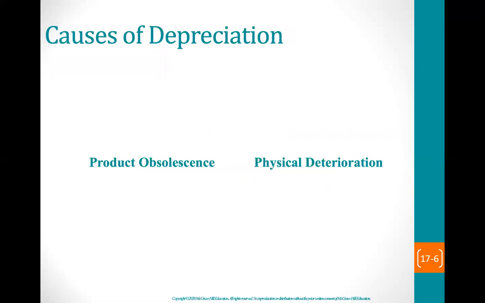So what causes depreciation? As assets, all machines have an estimated time of usefulness simply because companies use the assets and the assets gradually wear out. The cause of this type of depreciation is physical deterioration. The growth of a company can also cause depreciation. Many companies begin on a small scale.